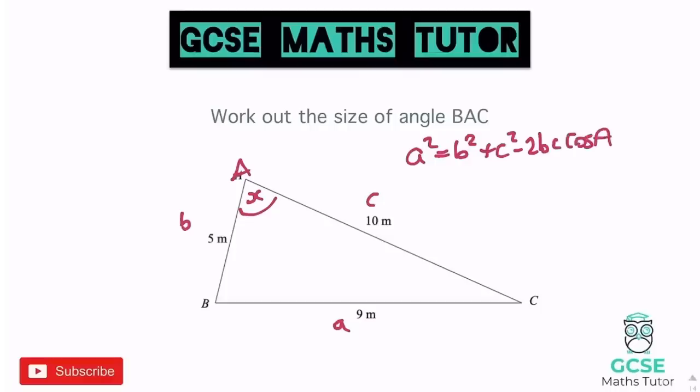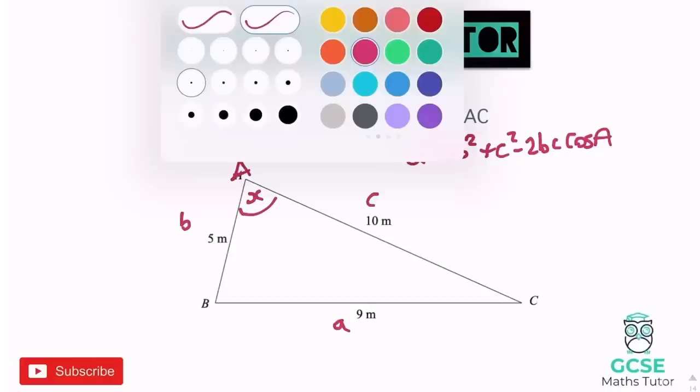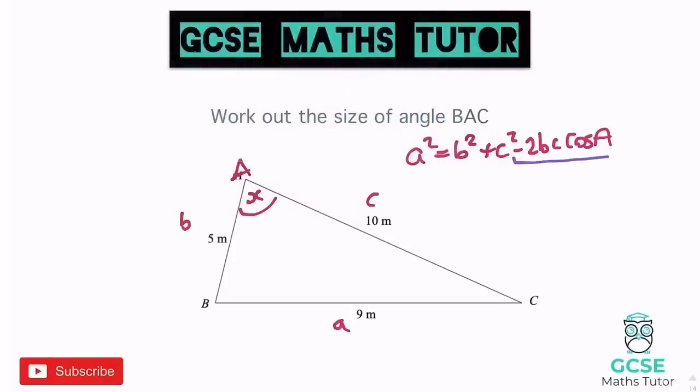So in order to do that, I'm going to get this whole minus 2bc cos a, I'm going to add it to the other side, so we get a squared plus 2bc cos a equals b squared plus c squared.